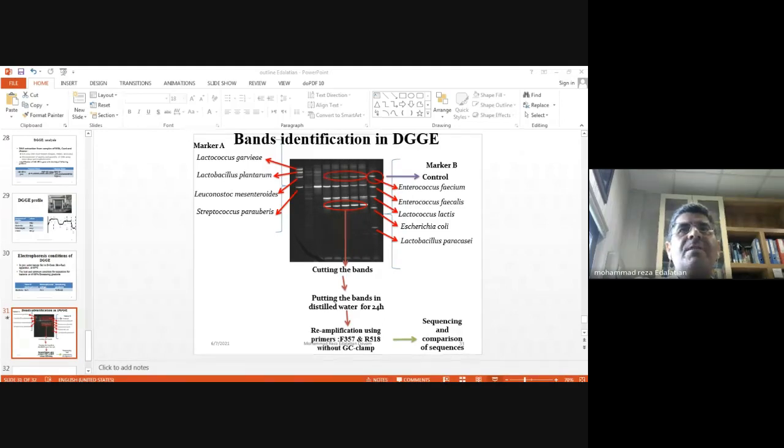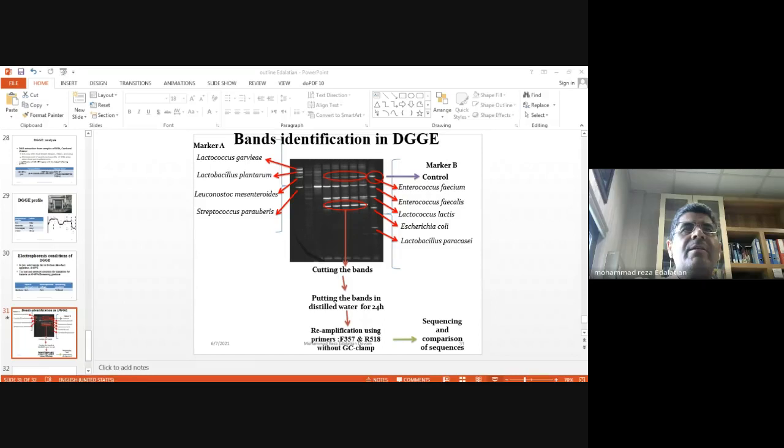This is marker B, which is composed of Enterococcus faecium, Enterococcus faecalis, Lactococcus lactis, Escherichia coli, and Lactobacillus paracasei from top to bottom. And here is marker A.